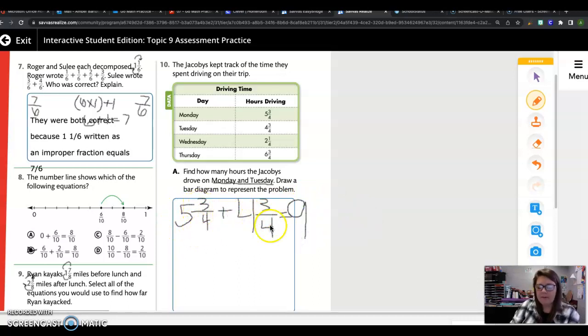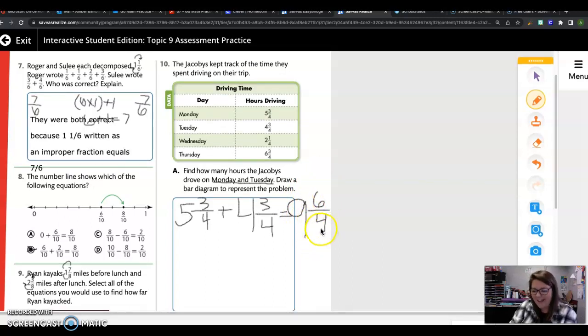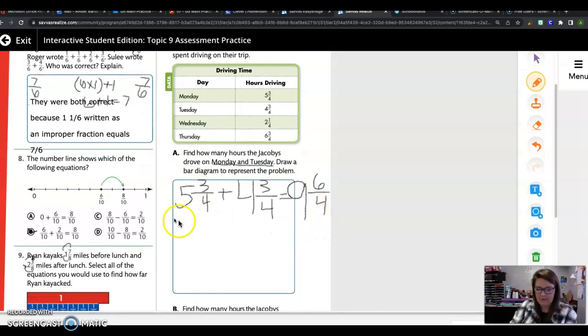Now, 3/4 plus 3/4 is what? 6/4. A lot of the times you guys stop here, but this is not where we stop. I notice that this is an improper fraction, so I have to rewrite it, okay? So I'm going to leave my 9 as my whole number right here. We're going to be adding it to whatever 6/4 is as a mixed number.